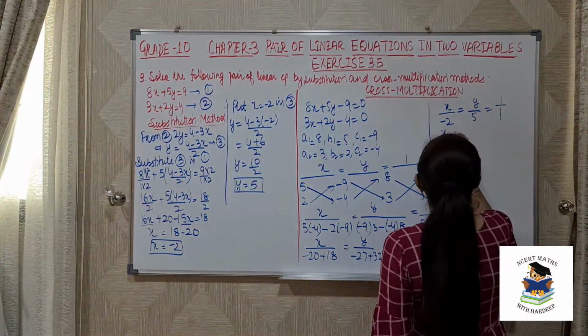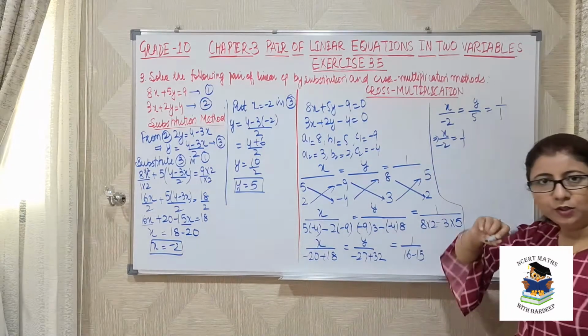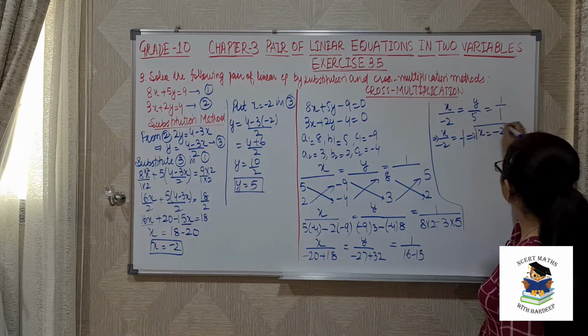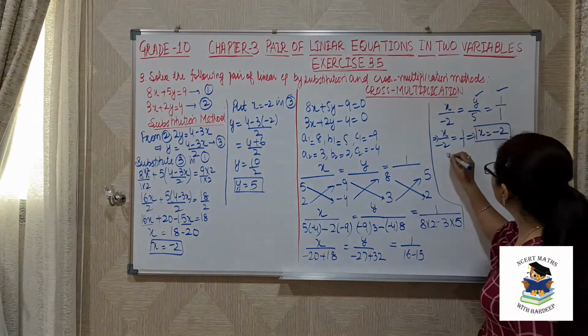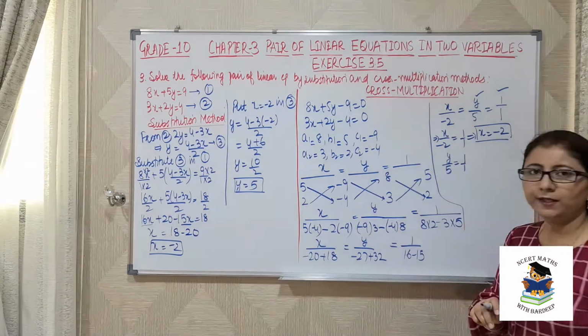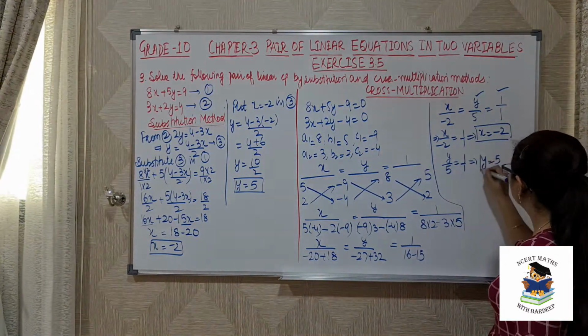This, that is x over minus 2 equals to 1 by 1. Cross multiply and you will get x as minus 2. Okay. Again take second and third term, that is y over 5 is equal to 1 by 1. Cross multiply and you will get y as 5.